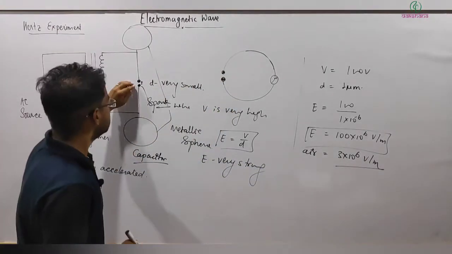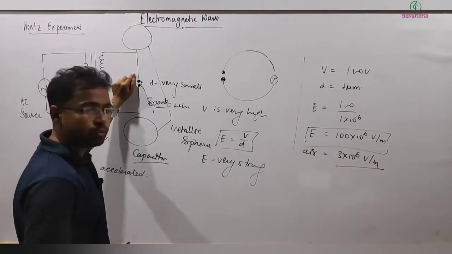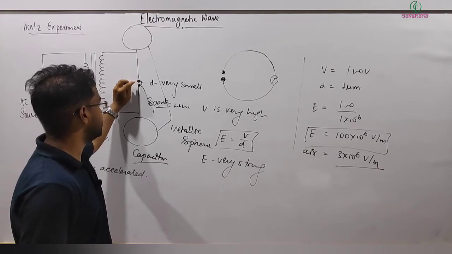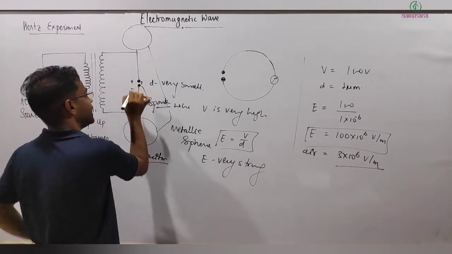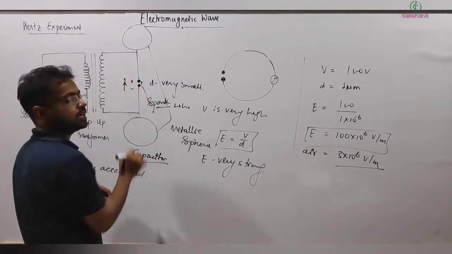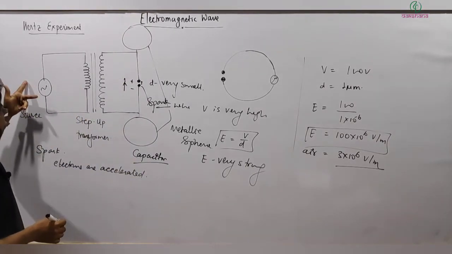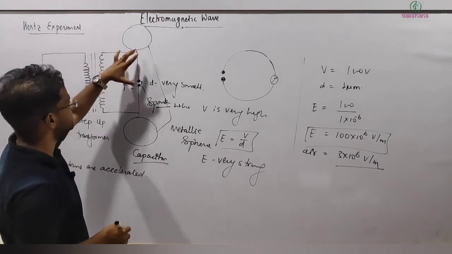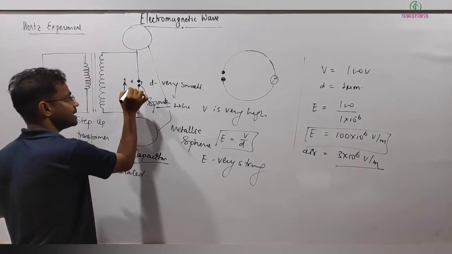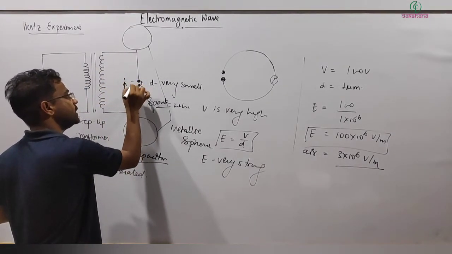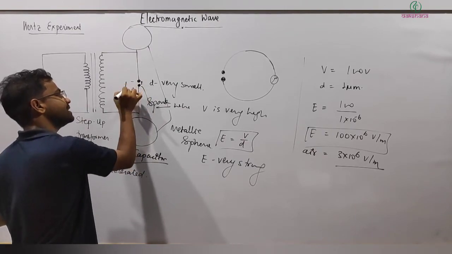When the polarity is positive here and negative there, the electron will accelerate upward, and after some time, because this AC source changes polarity at exactly the same frequency, the polarity will change to negative positive, and then the electron will accelerate down.